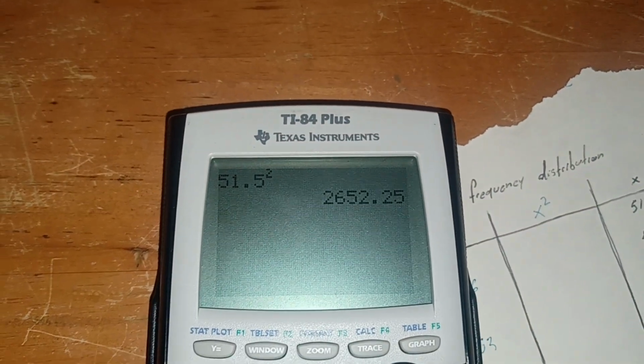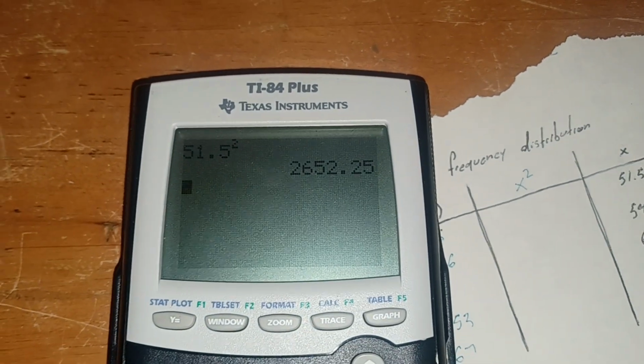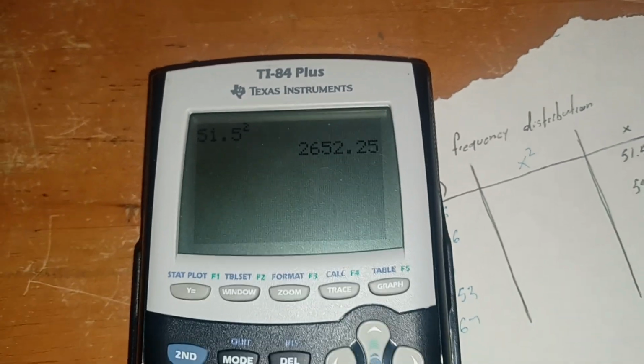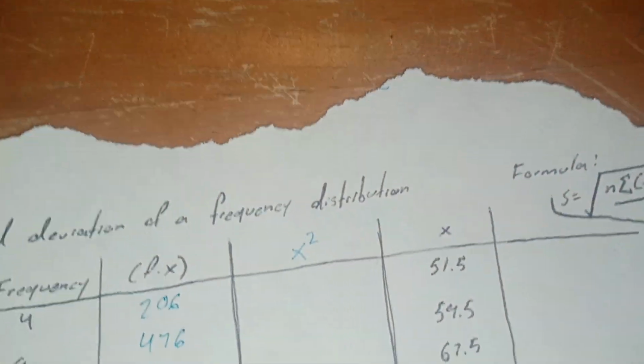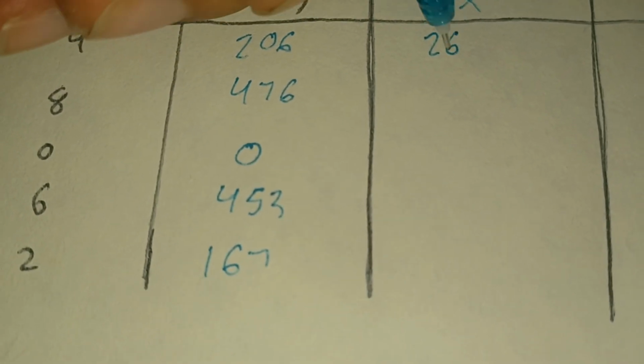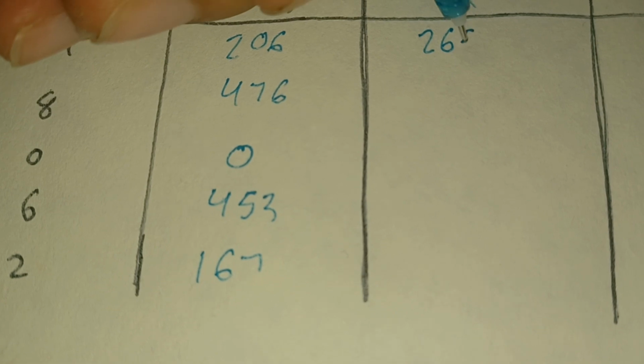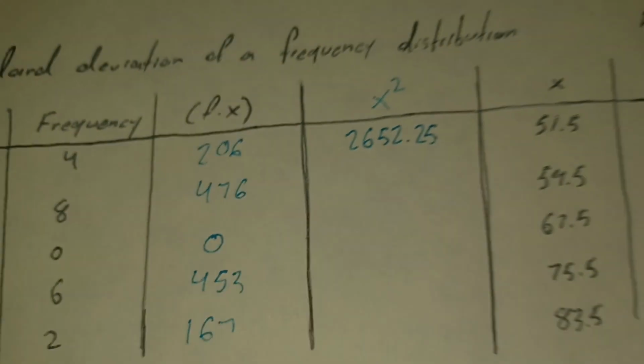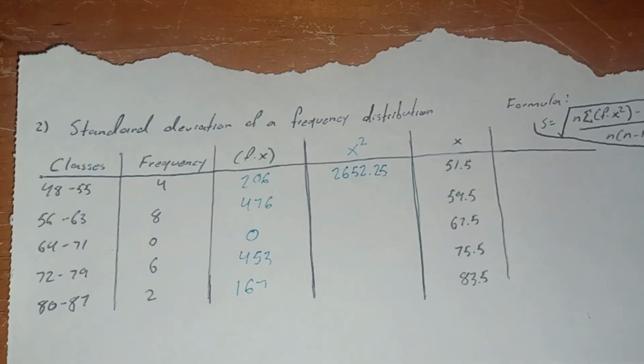Squared, that is 2652.25. Let's write that down for x squared. 2,652.25, just like that.